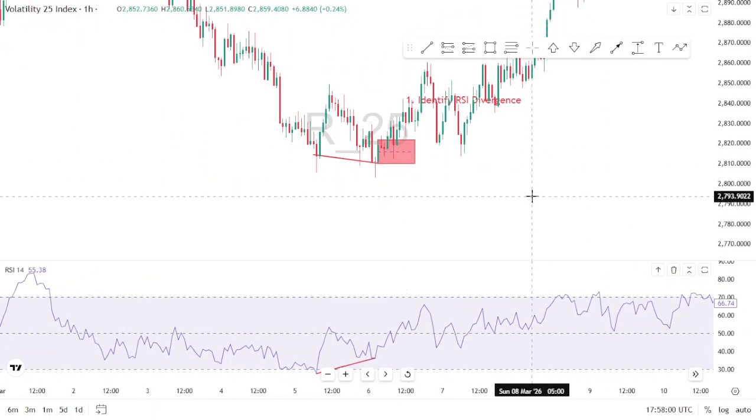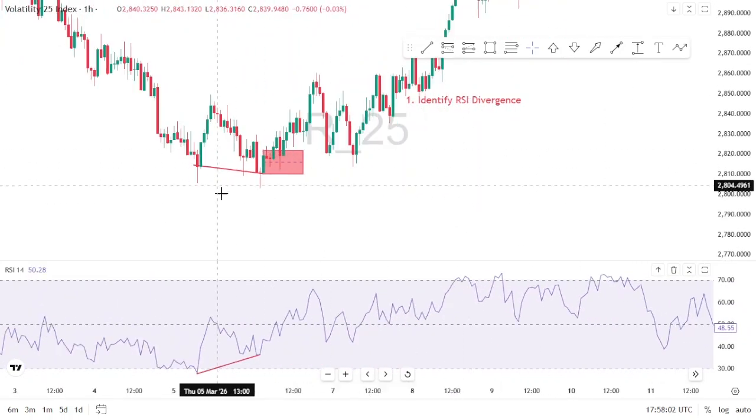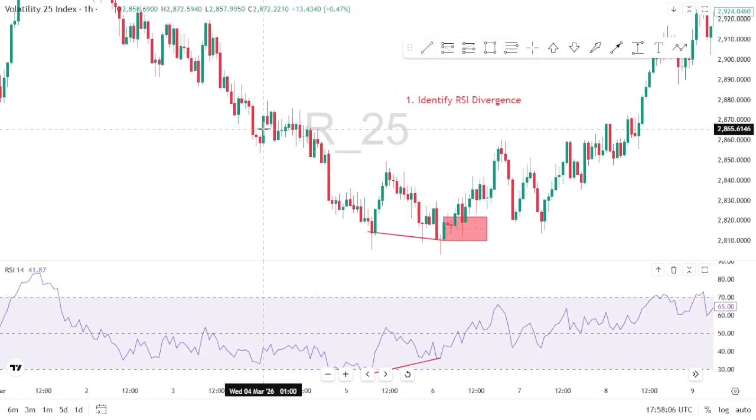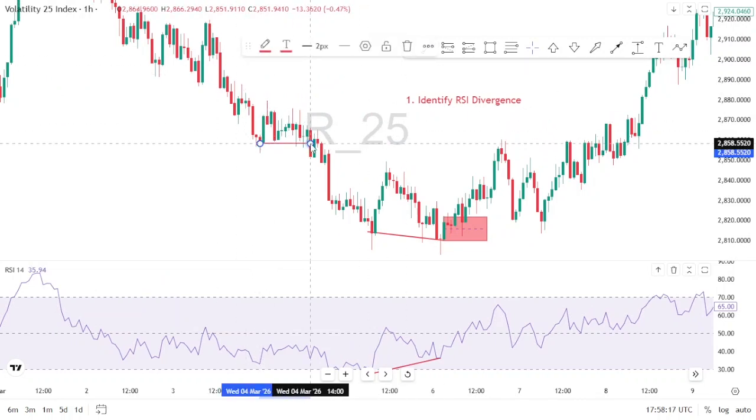Now, not all engulfing candles are going to give you reversals. For example, this one here is not. This one is a bullish engulfing candle, but it gives an idea that price might reverse, but you can see price kept going lower and closed below it.